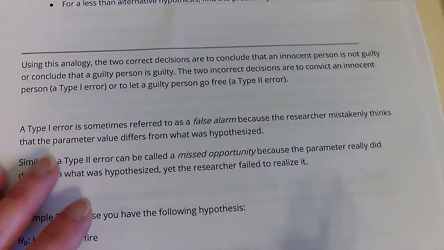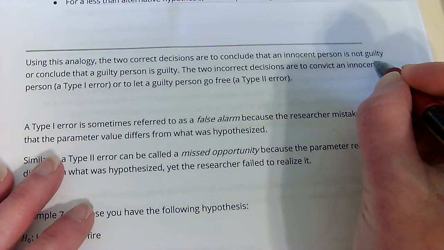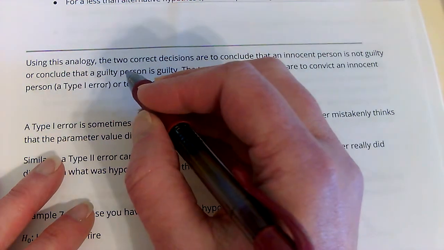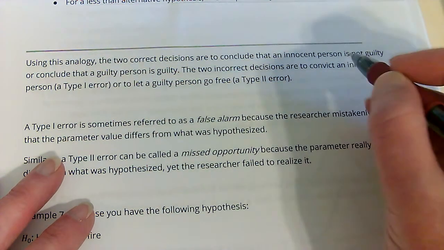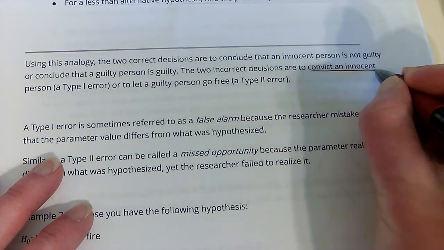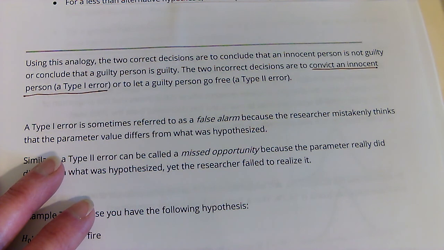So let's look at that analogy a little bit more. If we conclude that the innocent person is not guilty, or we conclude that the guilty person is guilty, we're correct, right? But if we convict an innocent, that's type 1. We reject the null hypothesis and we shouldn't have.